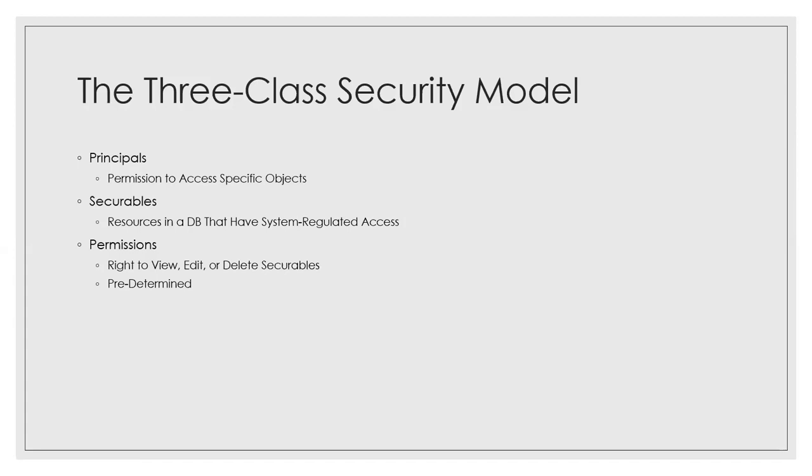One example I can give you is from the stored procedure lesson, where I mentioned that there are system stored procedures that you can go ahead and utilize. That's an example of system regulated. And then permissions. The permissions give you the right to view, edit, or delete these securables.